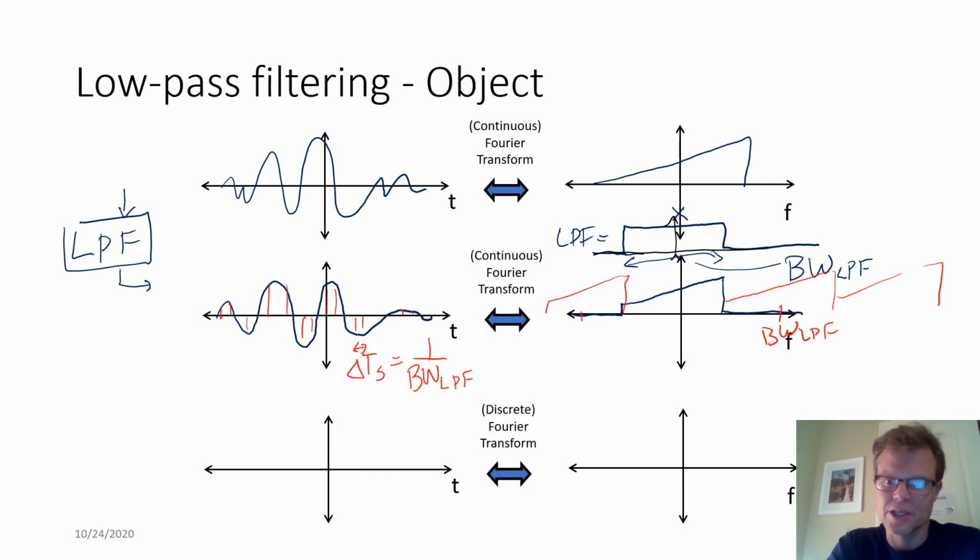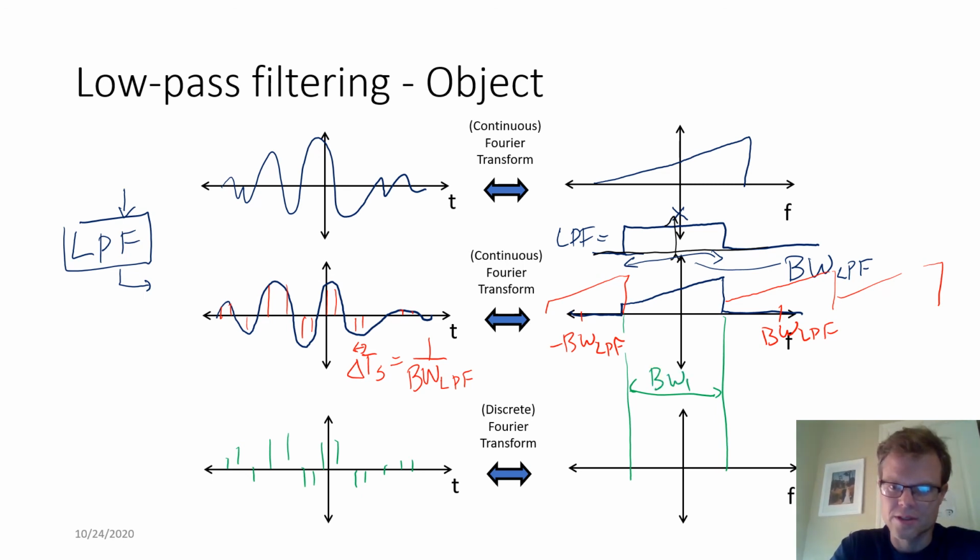we have a guarantee that they won't overlap with the original object, or when we go to our discrete Fourier transform, where we just have these samples, then we're only going to get this central region that is the same bandwidth as our low-pass filter, and we're just going to see the central region of the spectrum.